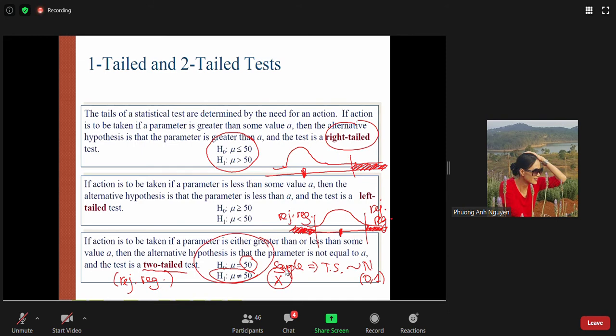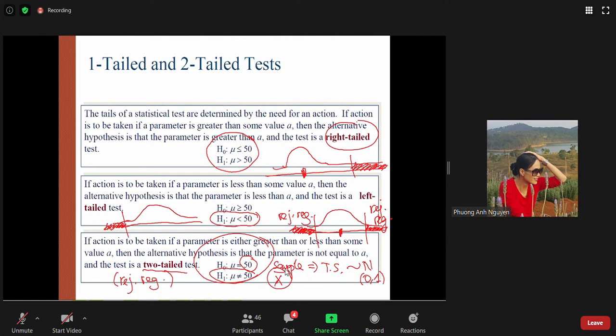For the second case, we reject H0 when the test statistic x bar is far below 50. Then you can draw something like this, far below, on the left tail, so we call it the left-tailed test.